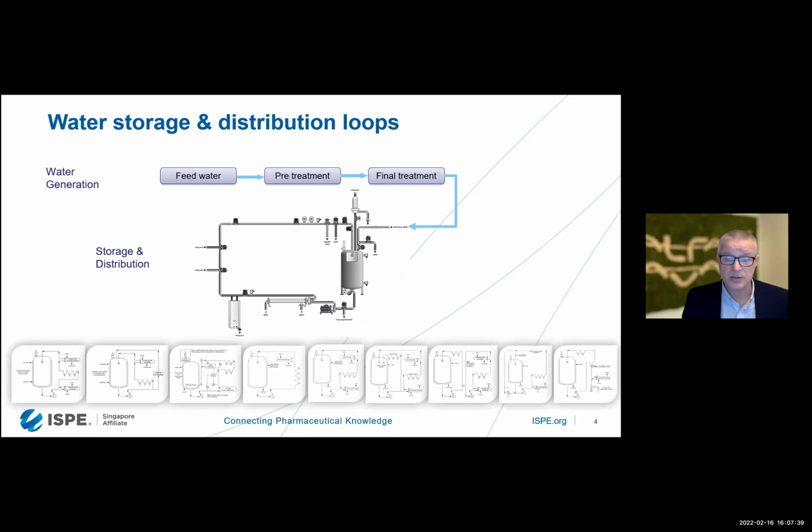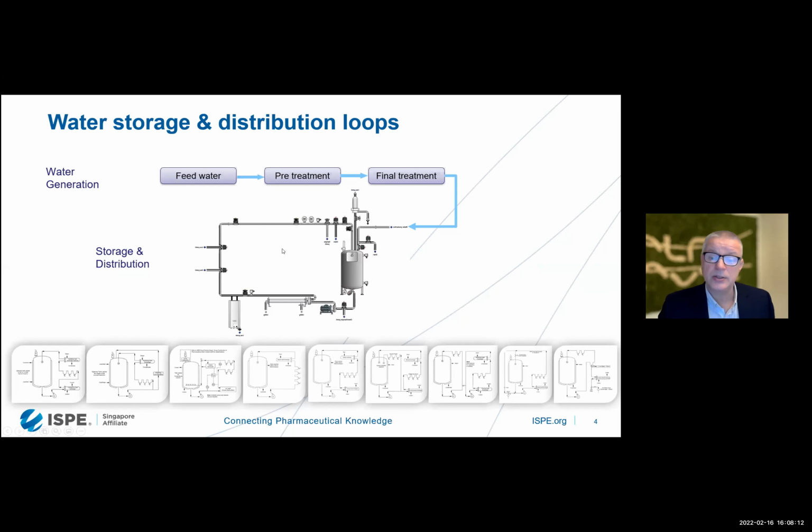That's why I'm showing this. Probably all of you know how it looks like. There are many different configurations of a water storage and distribution loop. It could either be an ambient or room temperature loop, or it could be a hot water loop. And as you see here in the bottom, there are many different configurations. I have actually stolen this from the ISPE guideline book, where they have given some ideas about how a water storage and distribution loop could look like.